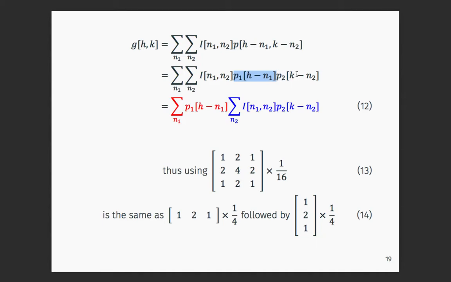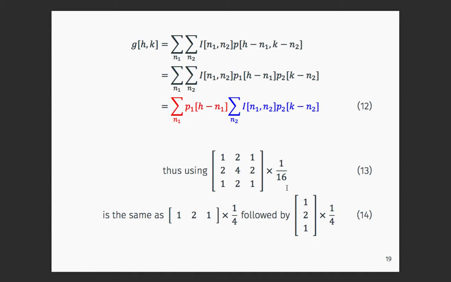If you do that, then you can reorganize the computation and write the equations as two 1D convolutions. You first convolve your picture with just a simple 1D vector, followed by another 1D one. Here's an example. This is your 2D matrix, a typical blur matrix. I mentioned a few of those. Basically, if you have positive numbers everywhere, it's usually a blur.